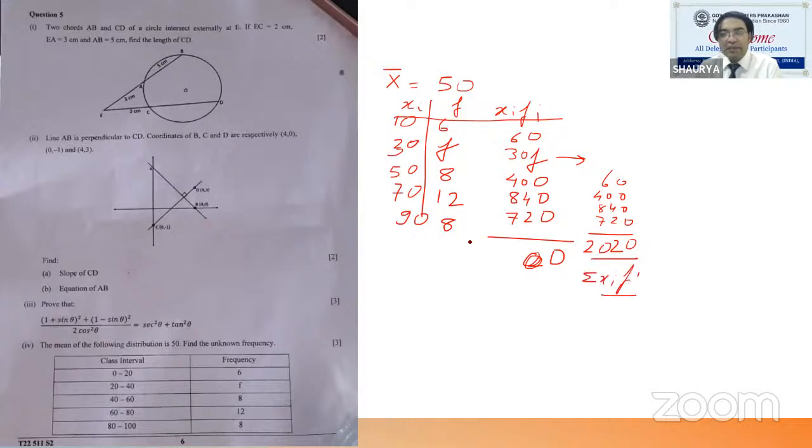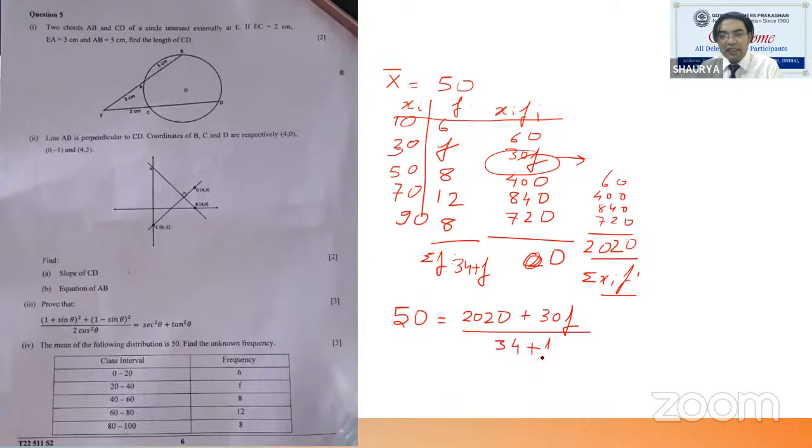We further need summation fi, that is 8 to the 16 plus 6 is 22 plus 12 is 34 plus f. So with what's given, we can form an equation. Mean is equal to summation xi fi, which is 2020 plus 30f, upon the sum of frequencies, which is 34 plus f.